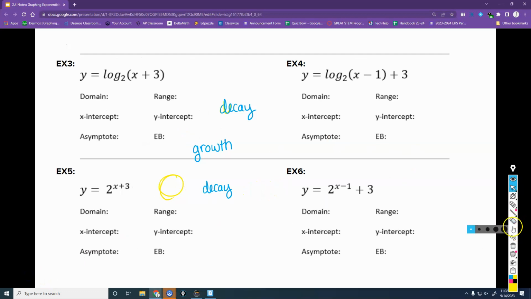All right. I want you to take a little bit of time here. Actually, let's do this. You guys and two in the back, I want you to do example 3 for me. You 4 right here, I want you to do example 4.